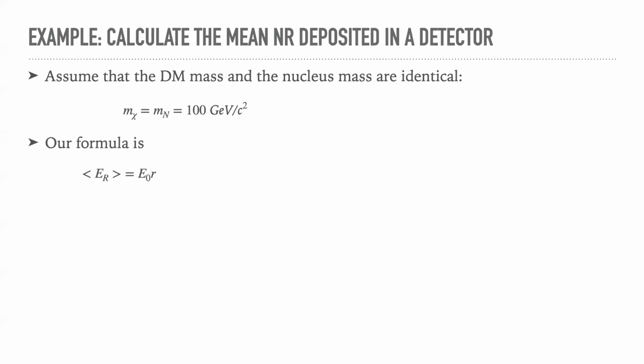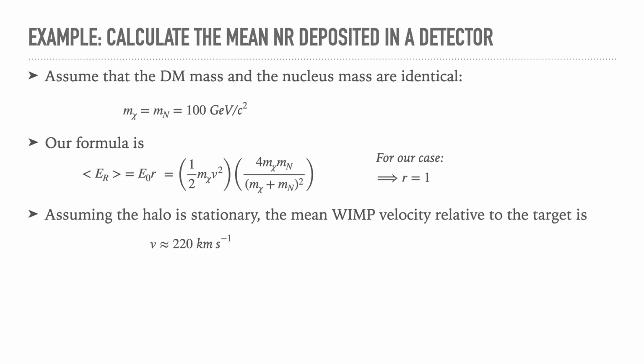Our formula is that the mean recoil energy is just E naught times r. E naught, since this is non-relativistic, we can just use kinetic energy, 1/2 the mass of the dark matter particle times its velocity squared, and then our kinematic factor. And of course, you can see why I picked 100, because that makes our kinematic factor a nice 1, which is easy to go with.